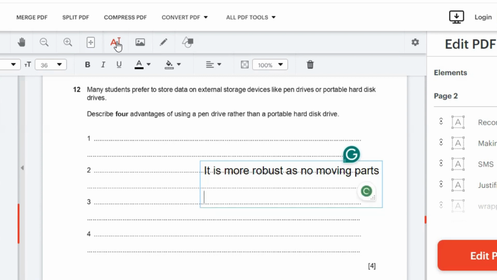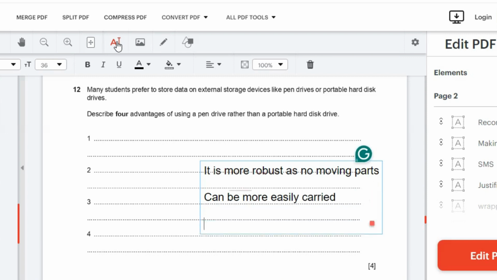2, can be more easily carried. Another one is what? Can use less power.